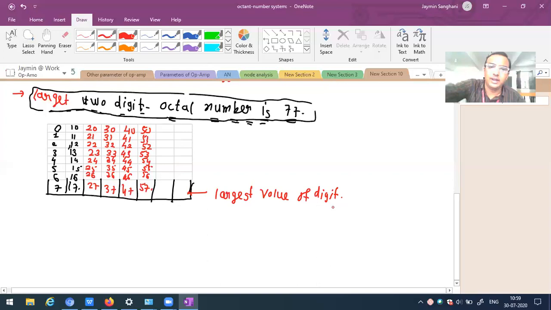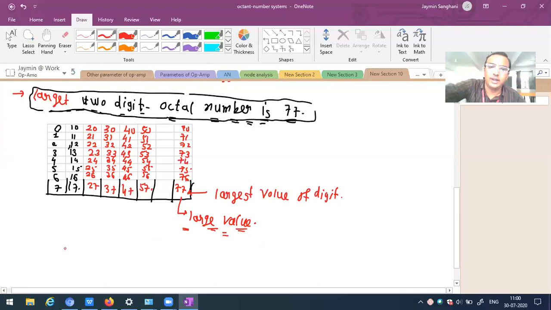Now, next point: 70, 71, 72, 73, 74, 75, 76, 77. See this, this is the largest value that can be present in the digit.